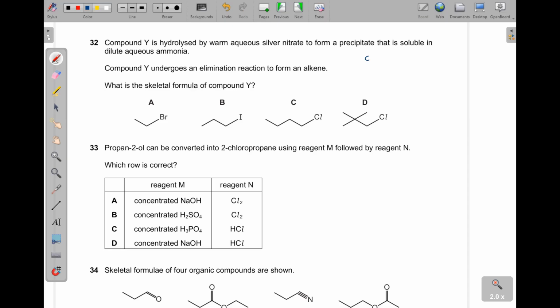We know that chlorides are soluble, because now we are putting in aqueous ammonia, in dilute and concentrated ammonia solutions.